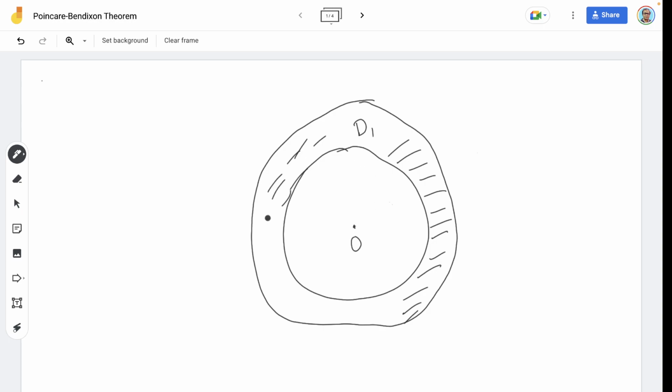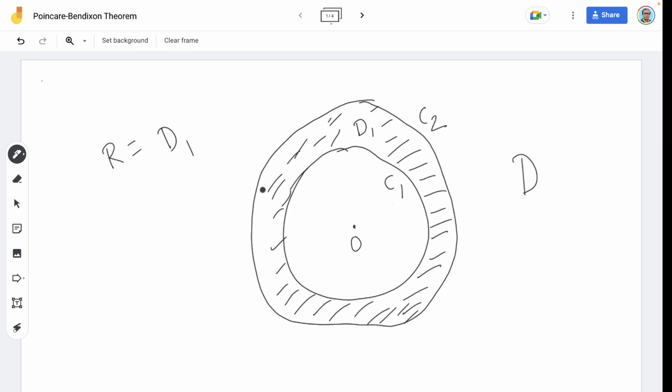R is bounded by the circle C1 and the circle C2. So R is the region, and D1 is the bounded subdomain. The whole domain is D, in the xy plane, the whole domain is D.